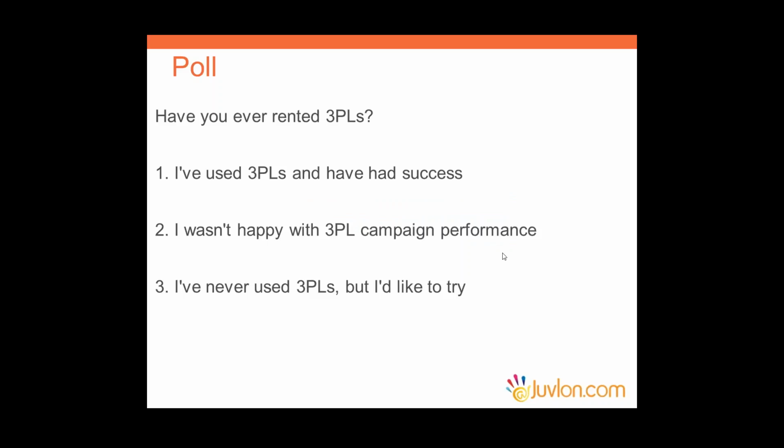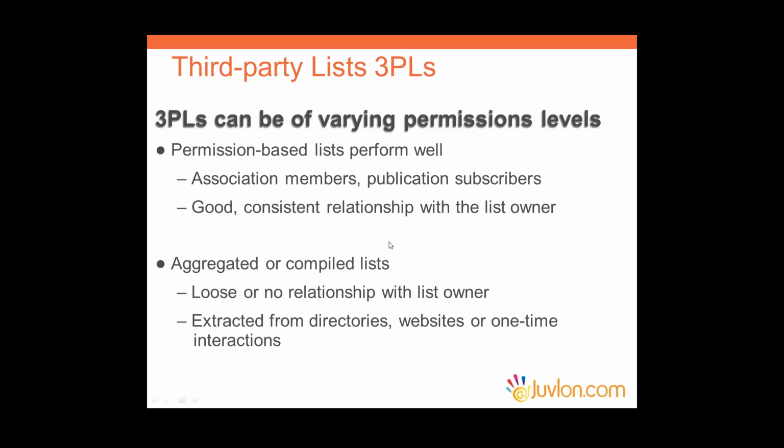Okay, so let's see what exactly we do with third-party lists. What kind of third-party list owners are there? There are two types. One is the permission-based list owners. These are list owners, or business portals, who have been sending out emails to their subscribed list.